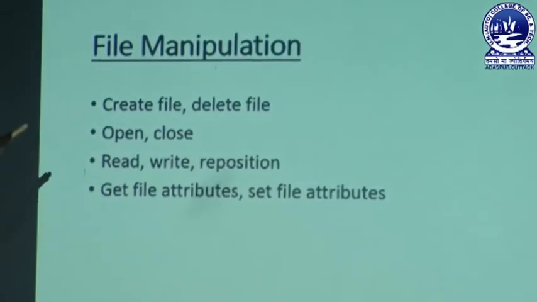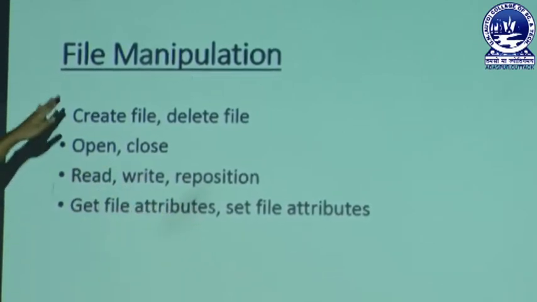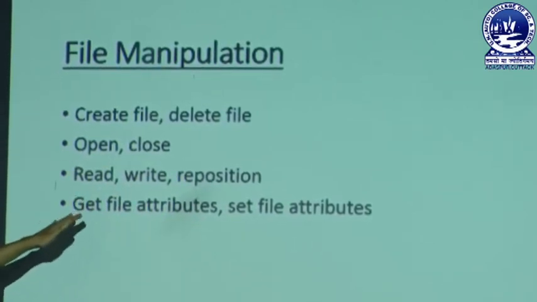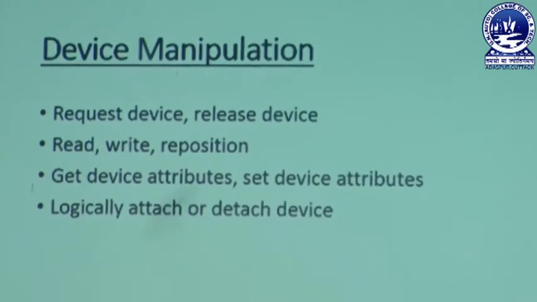So these are the system calls used for file manipulation: create file, delete, open, close, read, write, reposition, get file attributes, and set file attributes. These come under file manipulation. Next is device manipulation.